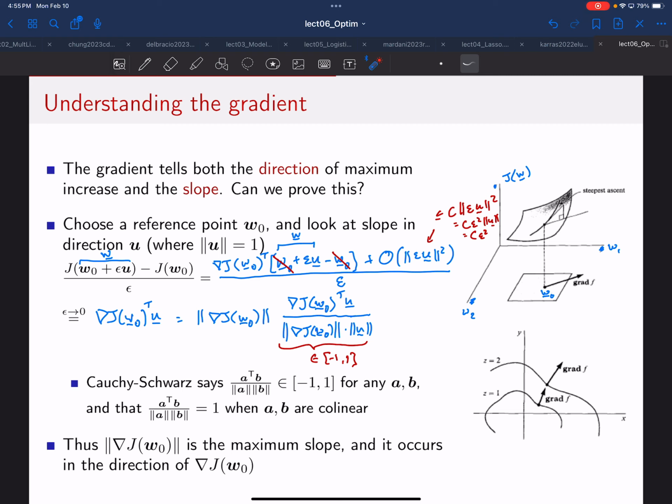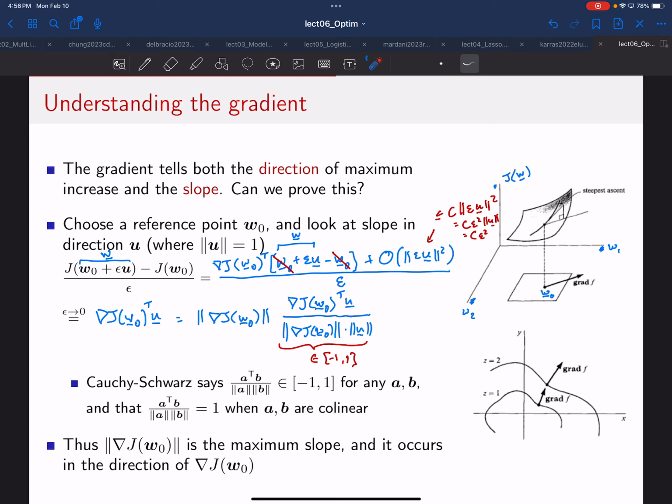And it's true whenever this term becomes 1, which is exactly when our search direction is in line with the gradient. This is part of Cauchy-Schwarz. It says that this is within 1 and minus 1, and that it equals 1 when the two vectors are collinear, pointing in the same direction. They don't have to be scaled the same, they just have to be pointing in the same direction.